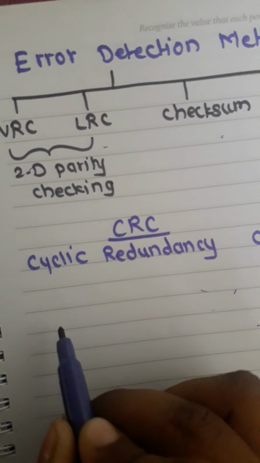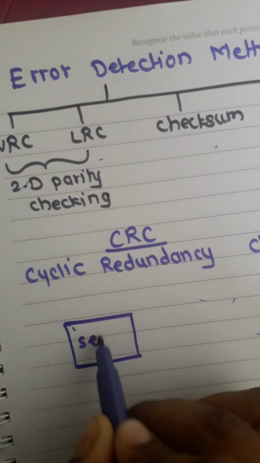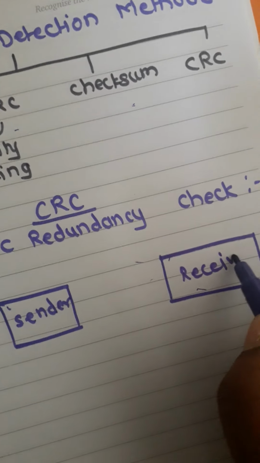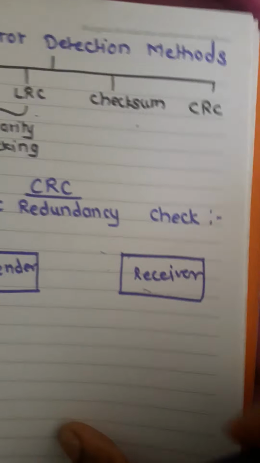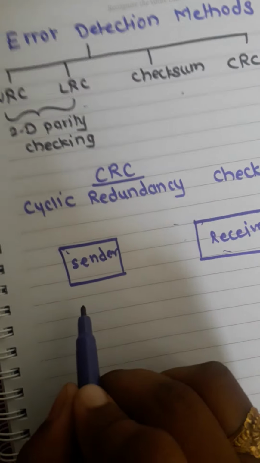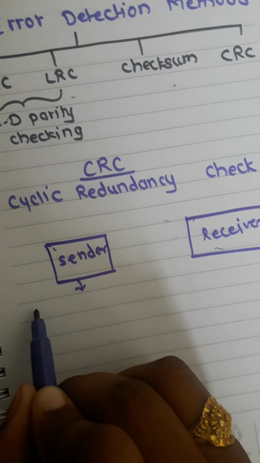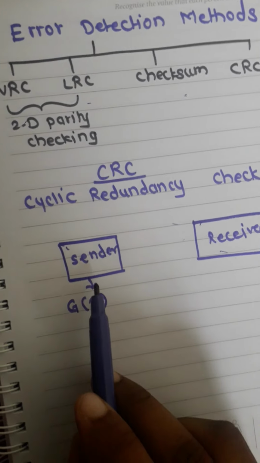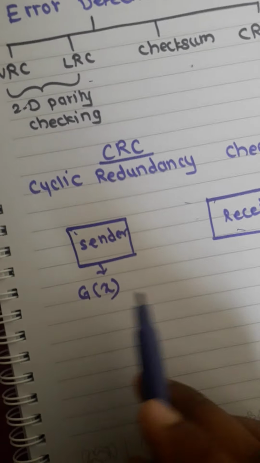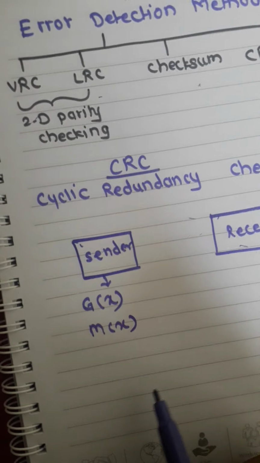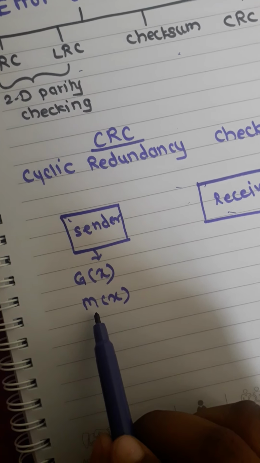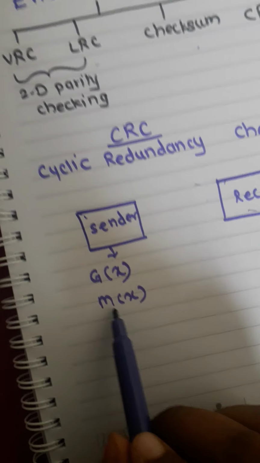We will see the meaning of these two statements. Suppose this is a sender, and this is the receiver. The sender will always have its own generator polynomial, and whatever message comes from the network layer to the data link layer, we consider as m of x, the message.